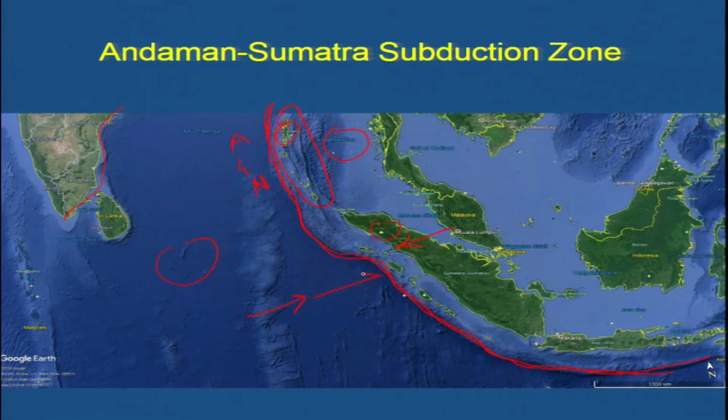So this oceanic plate is subducting beneath the continental landmass. Okay. This continental landmass is continuous from here to here. Here you can see this is the Burmese microplate, and this is Sumatra, here Malaysia, Thailand. So all these make up the Sunda plate.